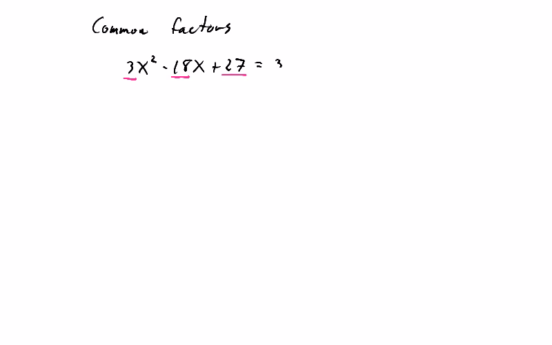So if we realize that this is 3 times the quantity of x squared minus 6x plus 9, we are left with an expression in parentheses that is much easier to factor in a second round.